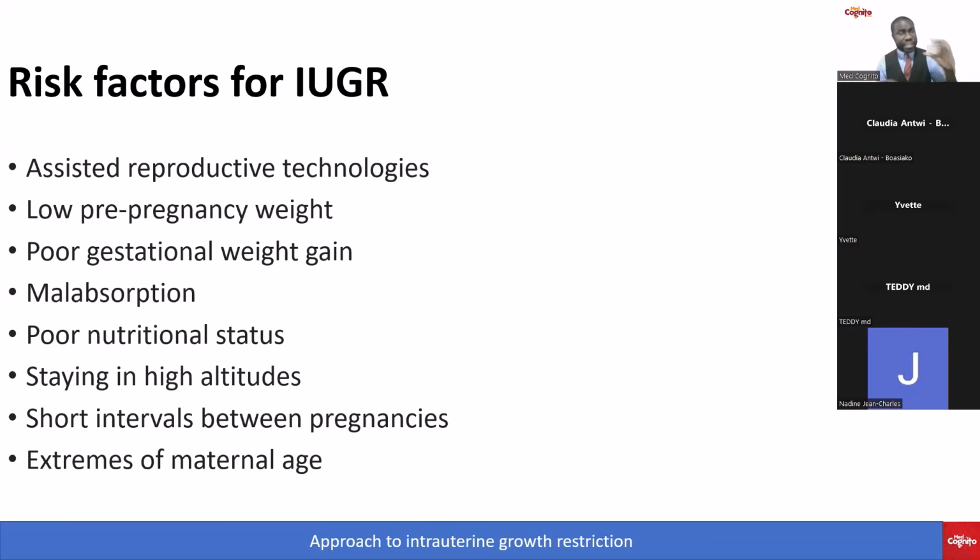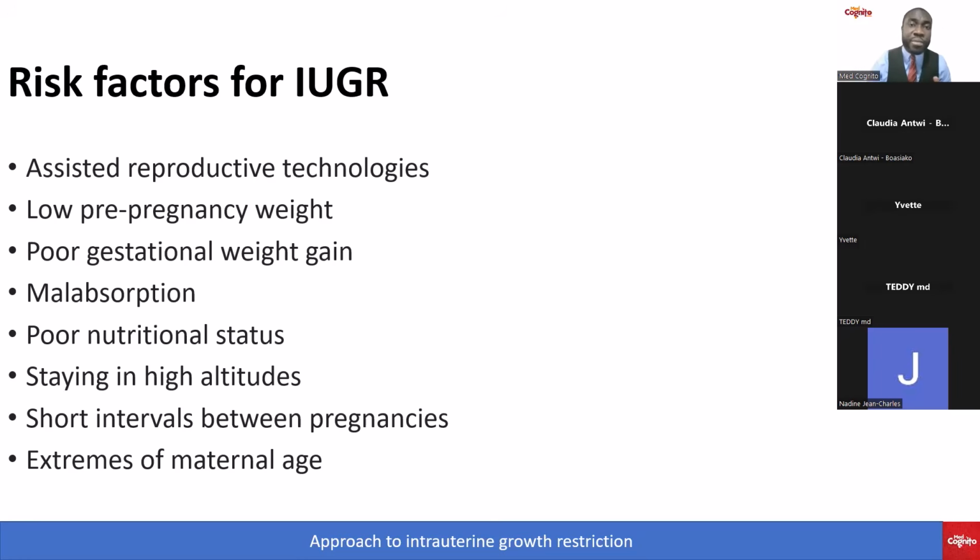You should rather be specific. Poor nutritional status, staying in high altitudes. So, like, patients who live on mountain tops, right? And then short intervals between pregnancies. And then extremes of maternal age. So if the mother is very young or if the mother is very old.